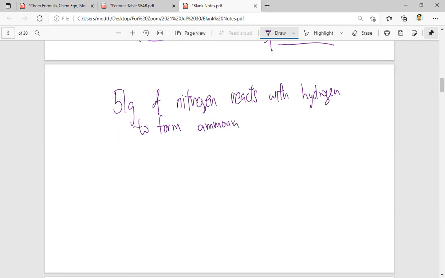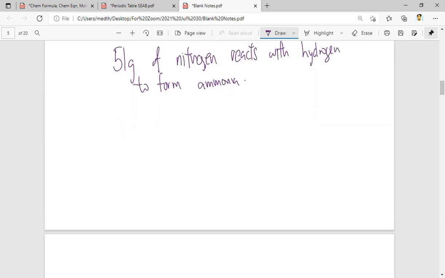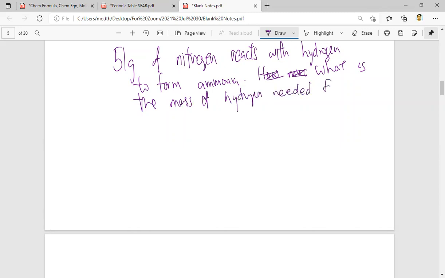Okay, so based on this, my question to you is, what is the mass of hydrogen needed for the reaction?